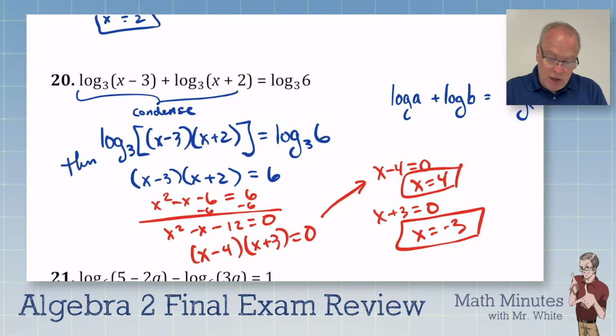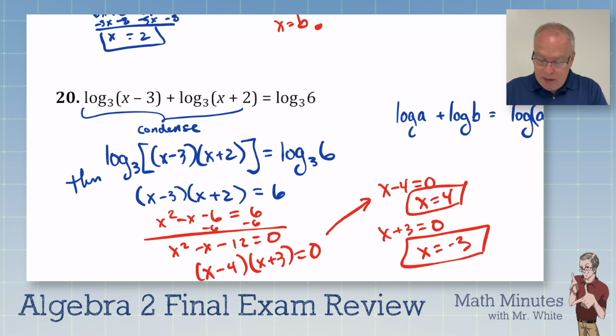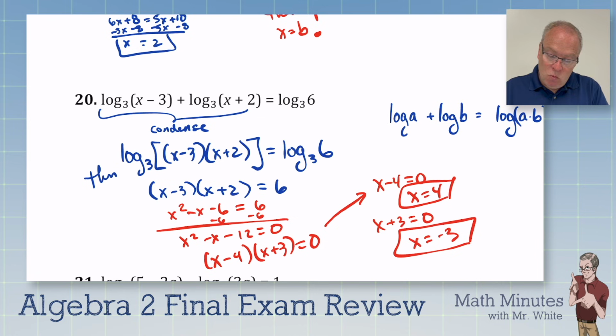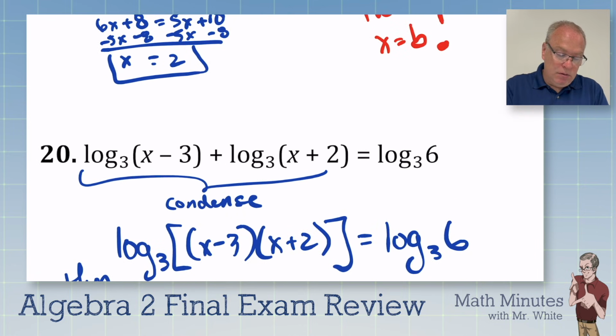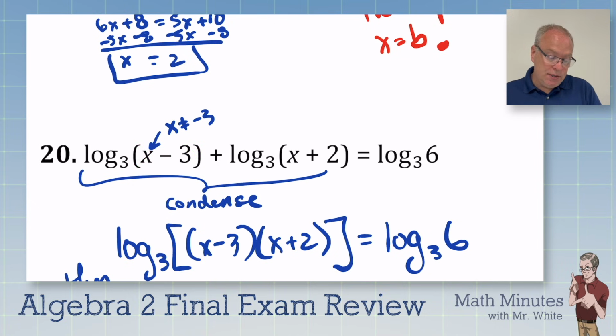Now, we should really go back up here and make sure that these answers are allowed to be used. And I think maybe one of them needs to be thrown away. The negative 3 needs to be thrown away because if you plug in negative 3 in here, it causes a negative inside the log, and that's not allowed.